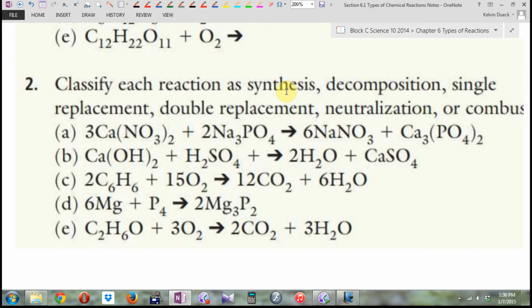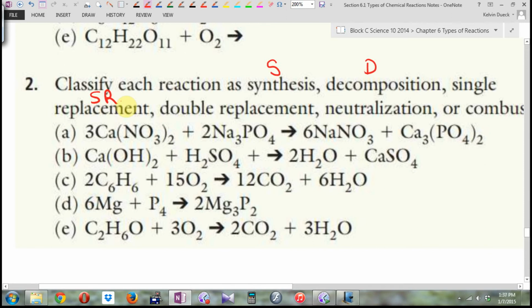And we decided we're going to use certain abbreviations. What abbreviation did we decide we're going to use for synthesis? S. What are we going to use for decomposition? D. And then we said, single replacement, I can't use S, so what did we decide instead? SR, capital S, capital R. And double replacement, I can't use D because it's taken already.